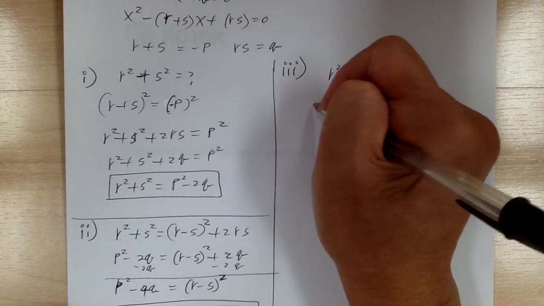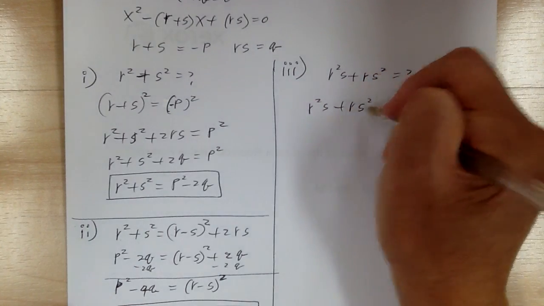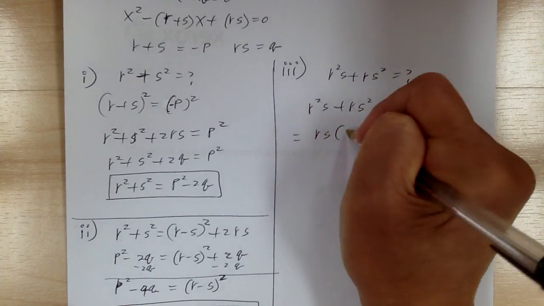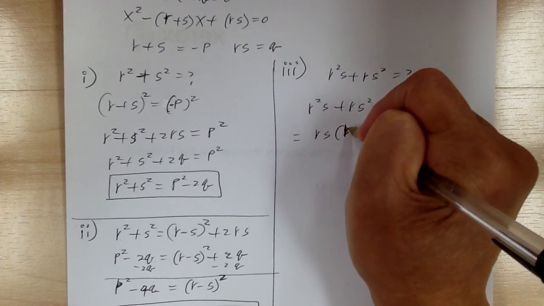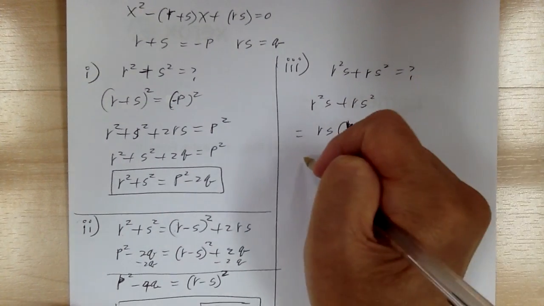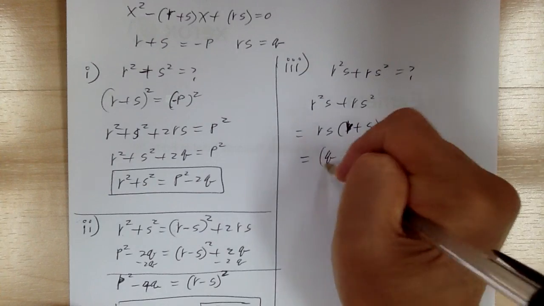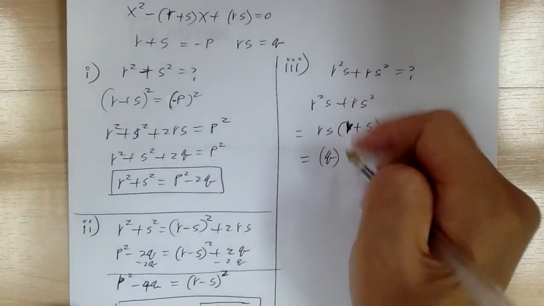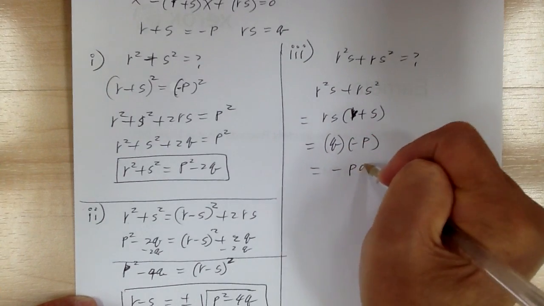So r squared s plus rs squared is equal to rs times r plus s. There we go. And we already know this, right? rs from here is q, and r plus s is negative p. And so this one is fairly easy, just negative pq.